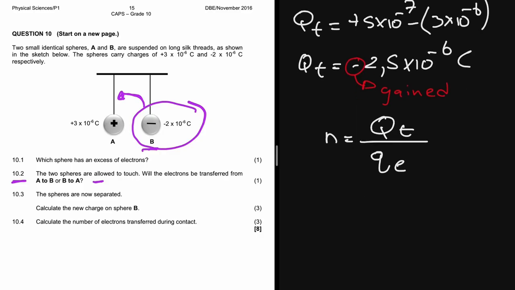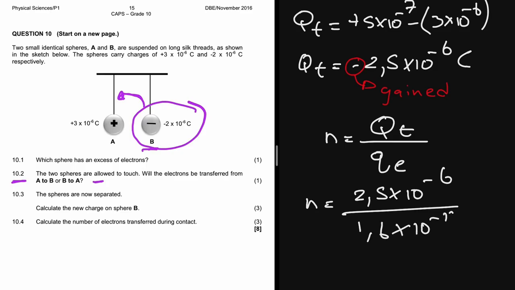So n equals 2.5 times 10 to the power of negative 6, all divided by this constant. You can put it as negative or as positive, it really doesn't matter. So 1.6 times 10 to the power of negative 19.